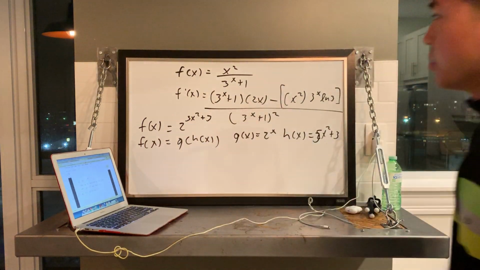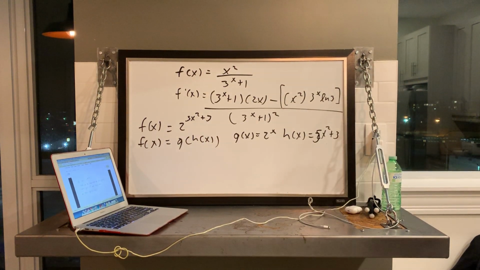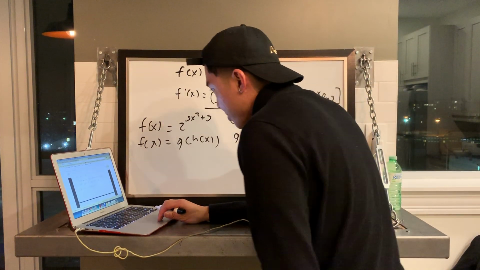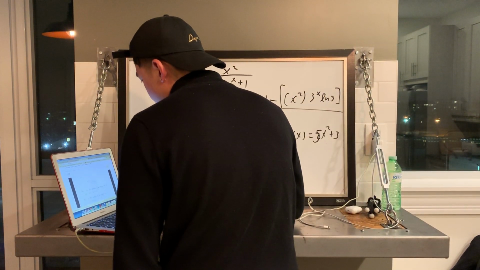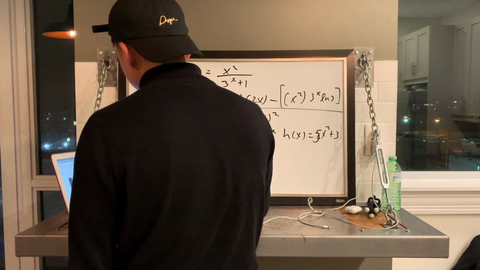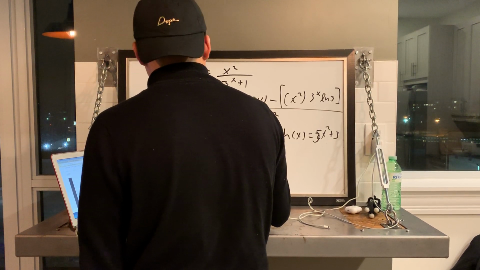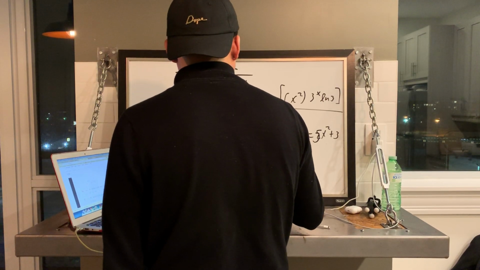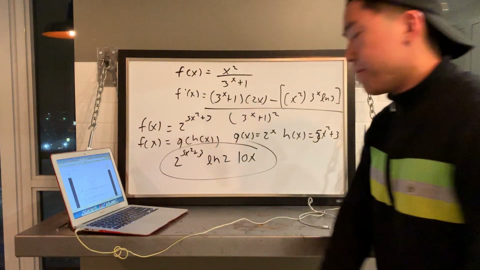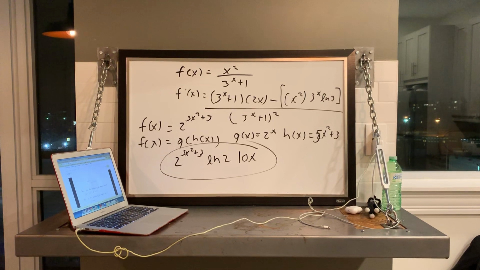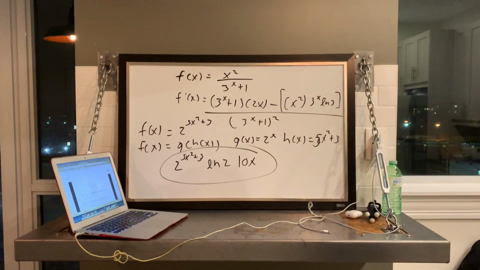Geez, slipped up there. So what happens now is I would just do 2 to the 5x squared plus 3 times ln 2 times 10x. That's how you do that right there. Okay. Sweet.